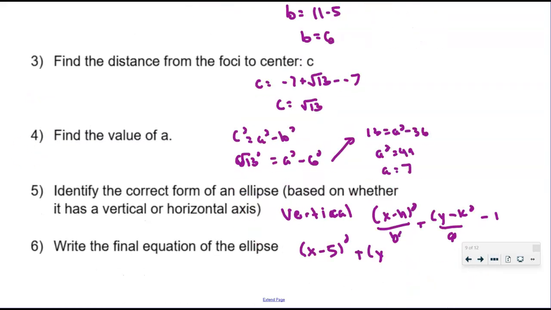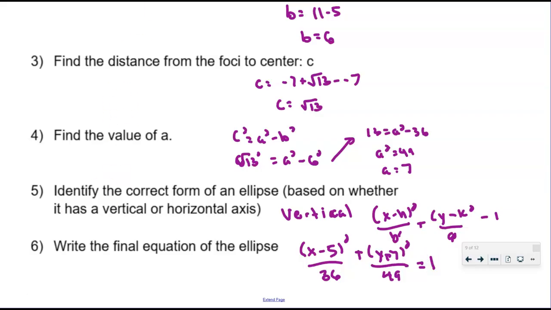So it's going to become y plus 7 squared. And we said A was 7, so we do have 49. And we said that B was 6, which means that B squared is 36, equals 1.